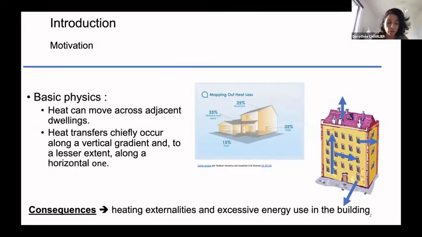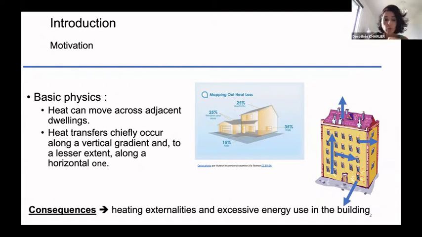We decided to focus on this subject because we note that there exist some heating externalities, and more specifically heating losses, in a collective building. It's possible to have some vertical losses and some horizontal losses according to the floor where you live.